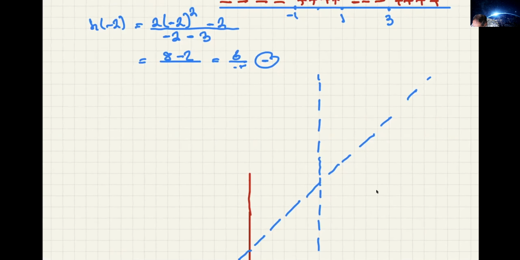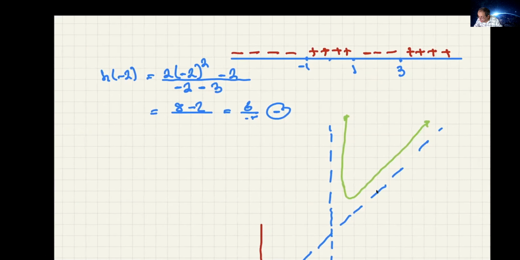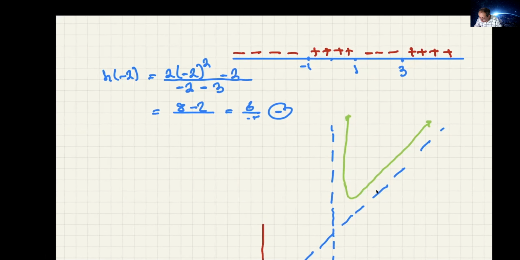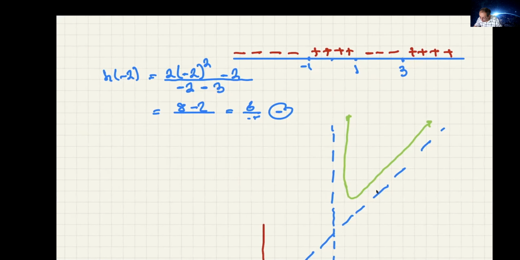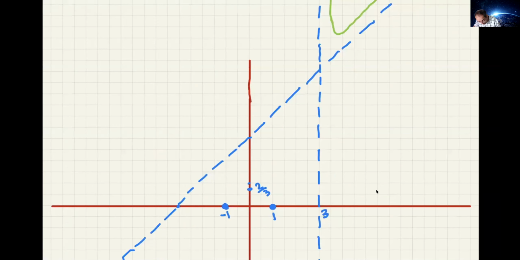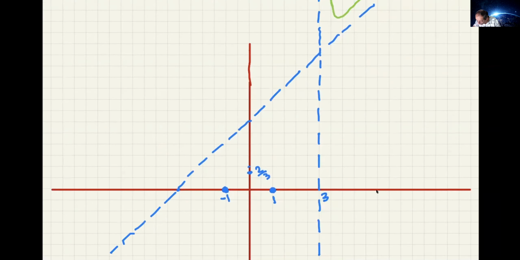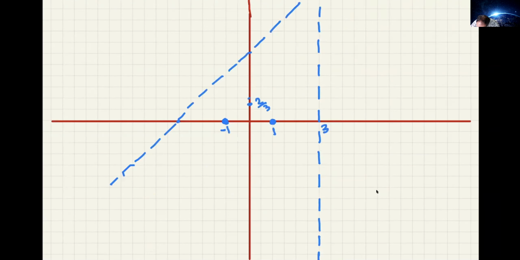So that must be this way. Okay. Next, what happens between 3 and 1? 3 and 1 is negative. So that should be negative here.